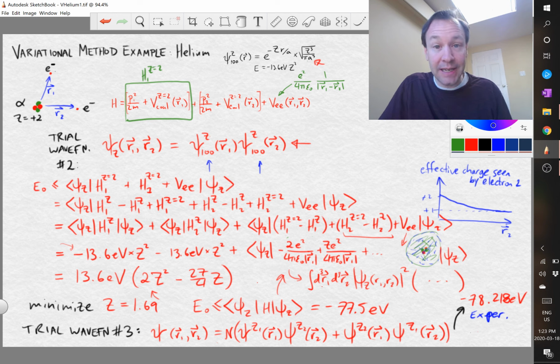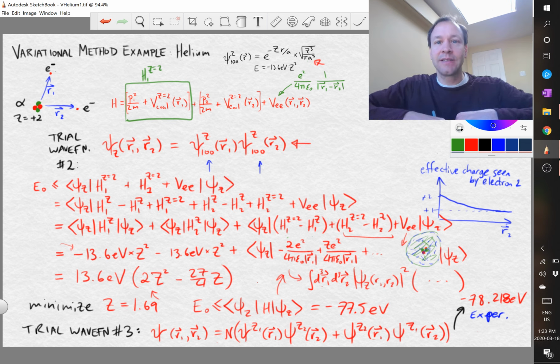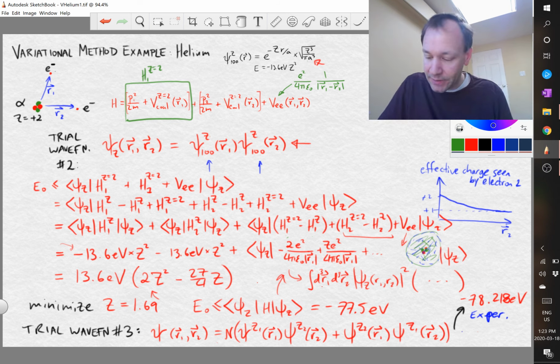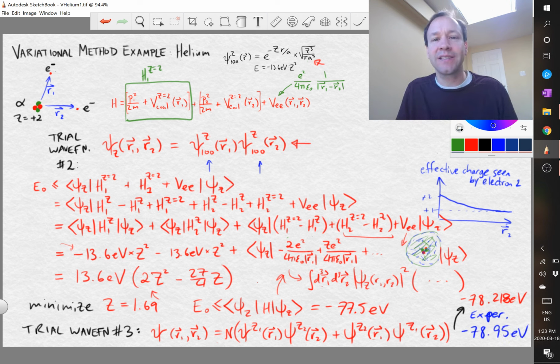is, so the actual answer for the ground state energy of helium, which is how much energy it takes to split up that helium atom into its 2 electrons and the proton, turns out to be minus 78.95 electron volts. Okay, so we're actually pretty close. We're just off by 0.7 electron volts.